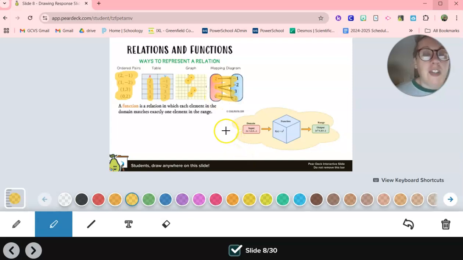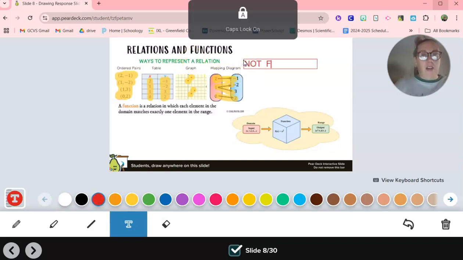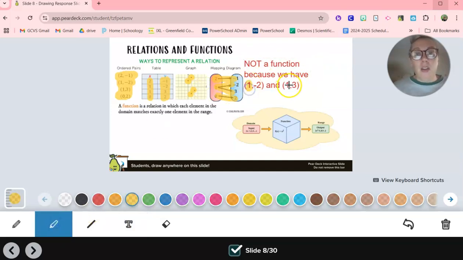So a function is a relation in which each element in the domain matches exactly one element in the range, which means this is not a function because we have 1, -2 and 1, 3. Now that's a problem because if we plug in a 1, we don't know if we're getting out a -2 or a 3.